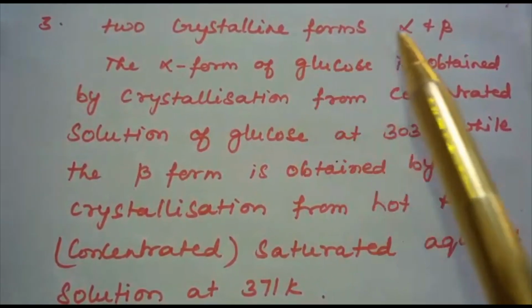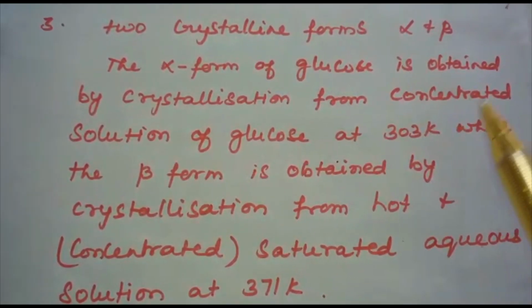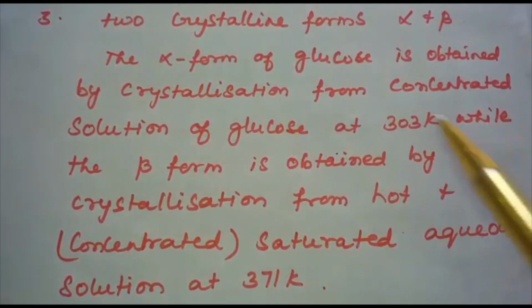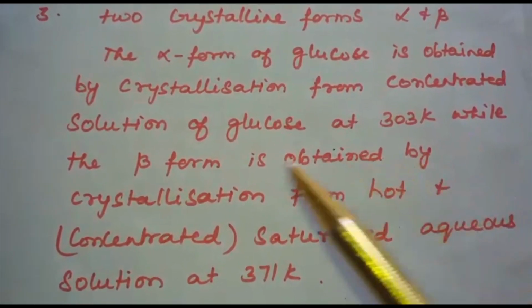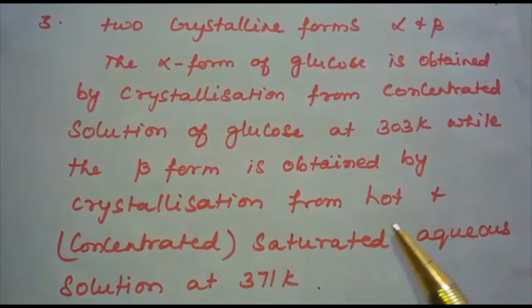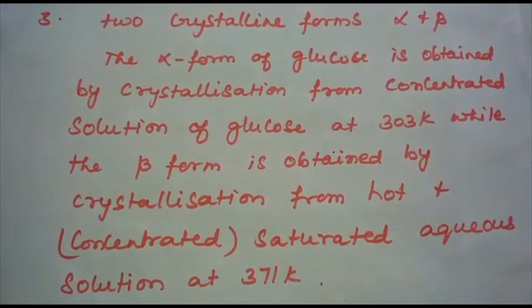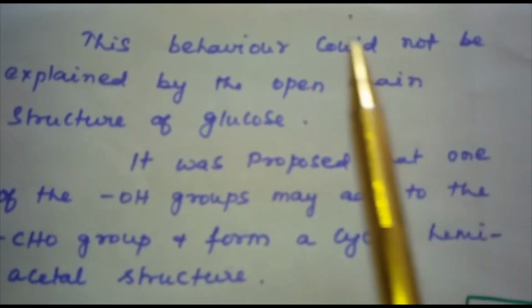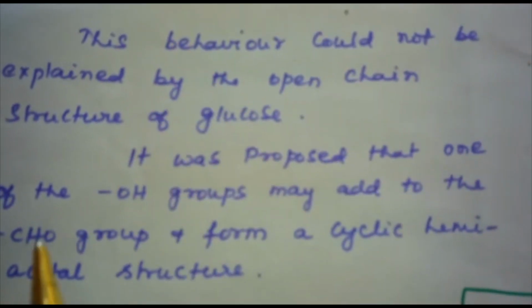The alpha form is obtained by crystallization from concentrated solution of glucose at 303 Kelvin, while the beta form is obtained by crystallization from hot saturated aqueous solution at 371 Kelvin. This behavior could not be explained by the open chain structure of glucose.